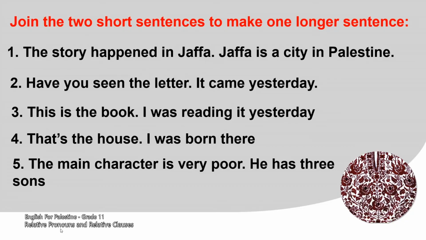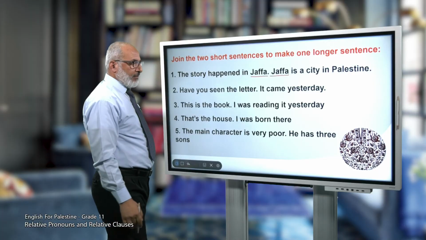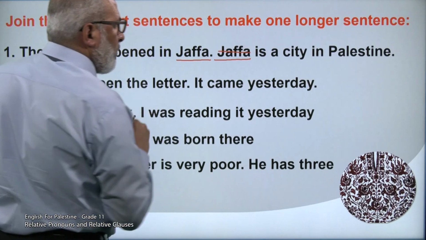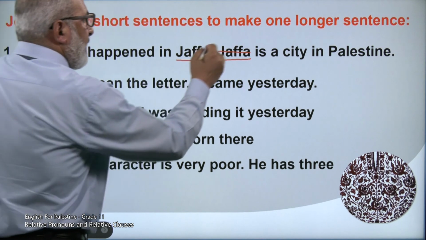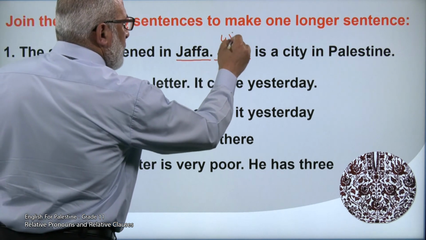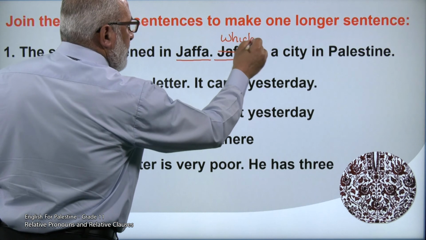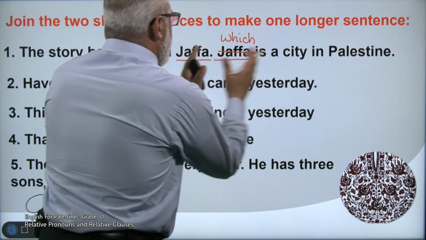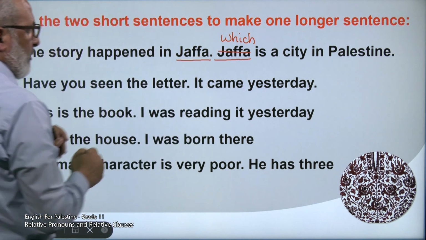The story happened in Jaffa. Okay. Jaffa is a city in Palestine. As I told you, we delete the word here, and Jaffa is a city, so we use which. Okay. And we put all the clause next to the word it describes.